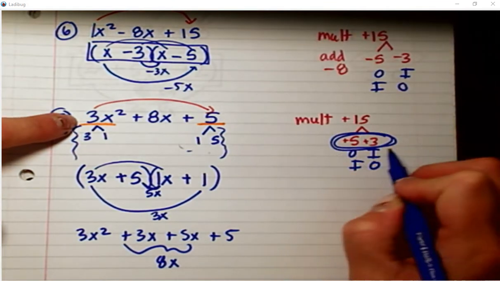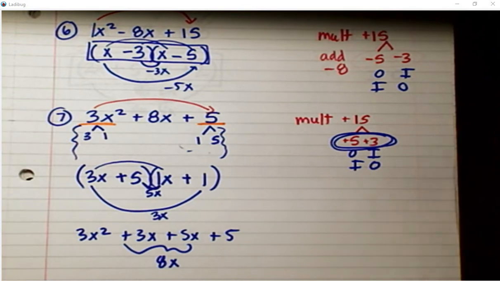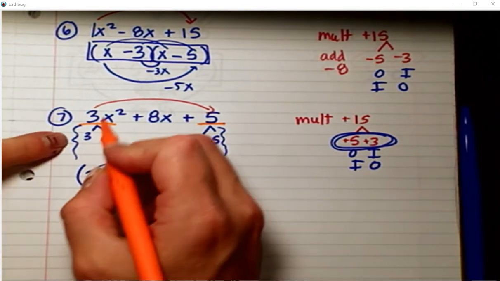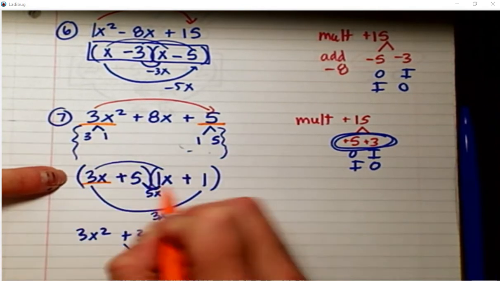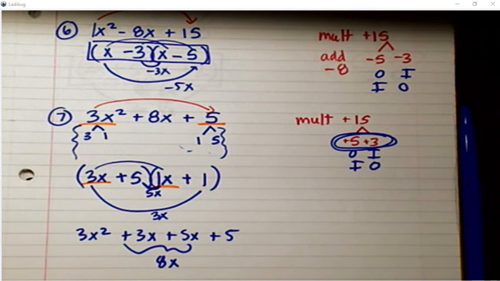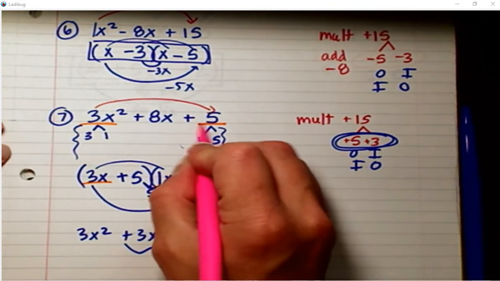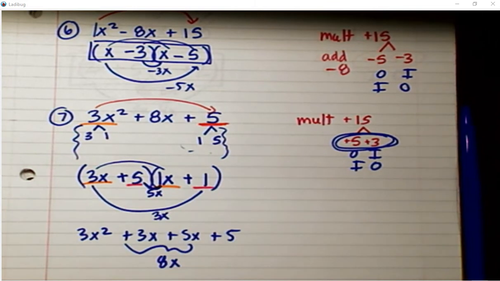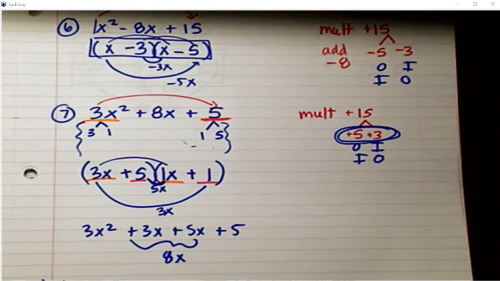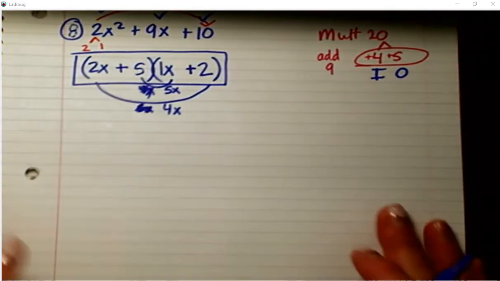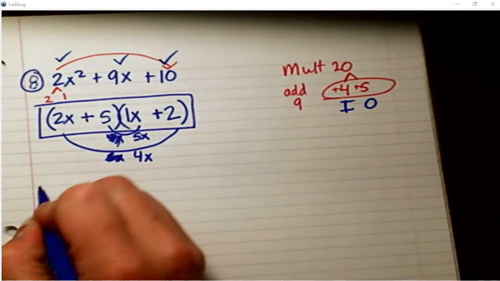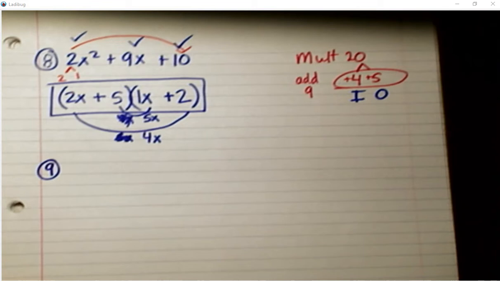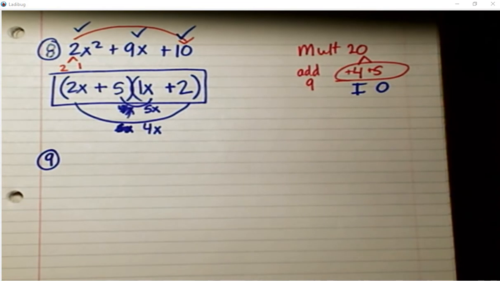That means that my inner and outer terms are supposed to be 5 and 3. So notice, multiply to get the first. Multiply to get the last. And inner and outer check. All right, so I'm going to flip here, 7, 8. And we're just going to do an example here, just to remind us of what we're doing.